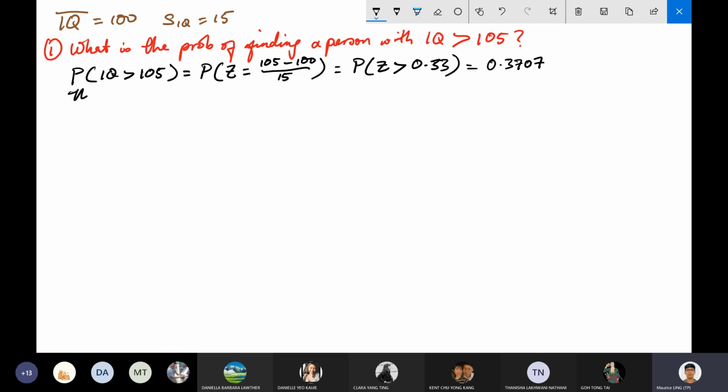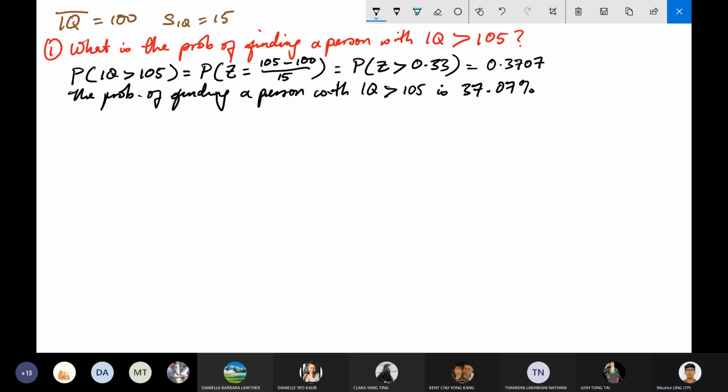Which means that the probability of finding a person with IQ more than 105 is 37.07%. Any problem with this so far? Yes, no? Look at this first. It should be doable, I think.